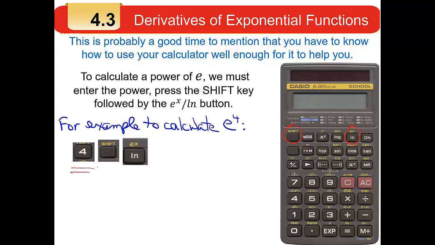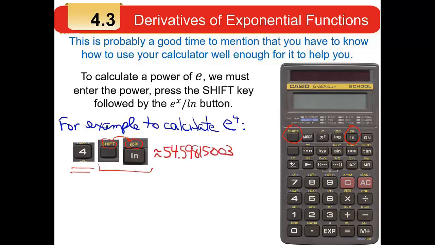I always do that first, and then do shift ln. And we're going to talk about ln. It's a natural log, and you've studied it in earlier algebra courses. But the shift part, when you hit shift, it executes the function above the key. So 4 shift ln means e to the 4.